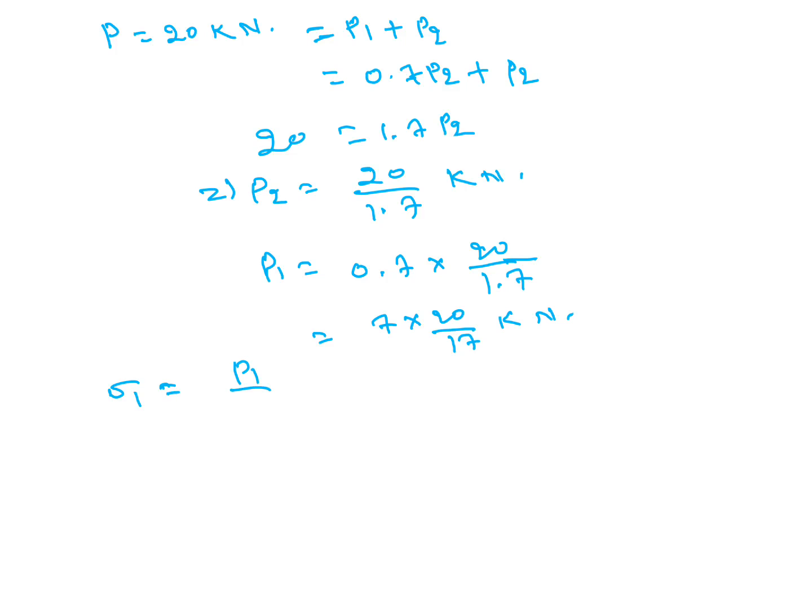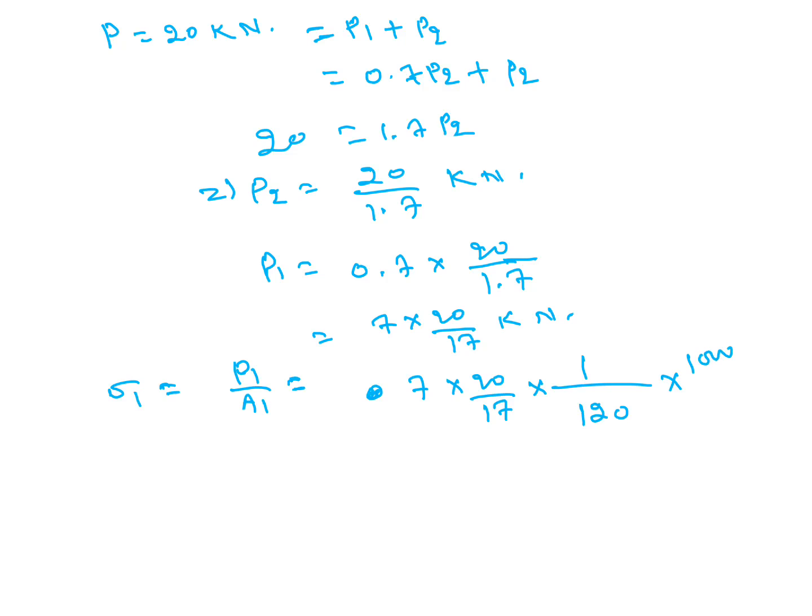Stress at aluminum, so it's P1 by A1. It's 7 into 20 by 17 into A1, how much? P in kilonewton, so multiply 1000.